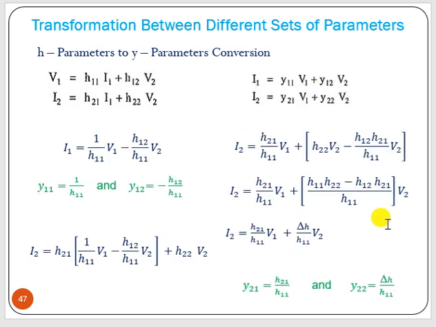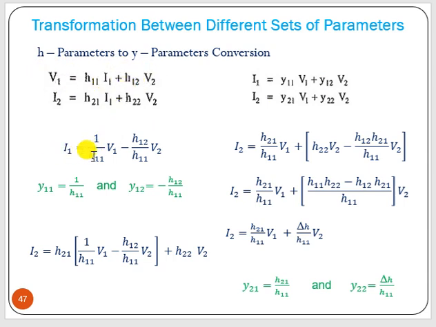Similarly, the Y parameter values can also be found. Y parameter means I1 or I2 written in terms of V1 and V2. Okay, any one of them you have to follow. So we can write I1 in terms of V1 and V2 directly from the first equation.